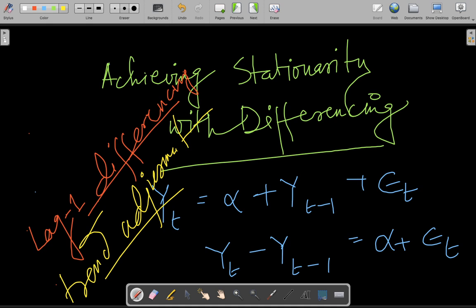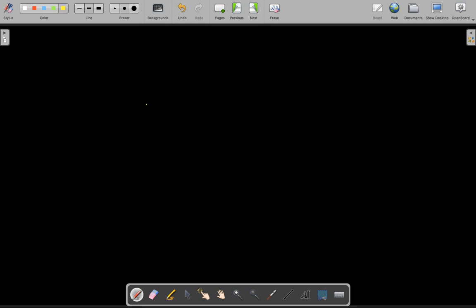That is why it is called trend adjustment. But there could be seasonality also in my data. And when I have seasonality, what I do is take a lag M difference.